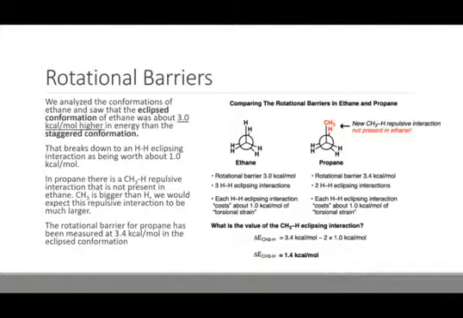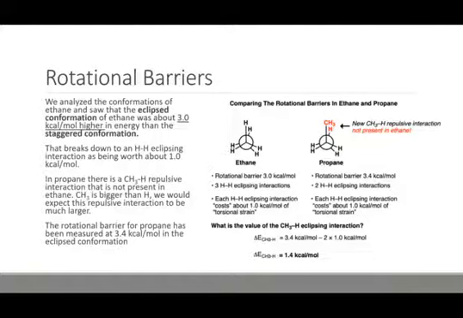When we analyzed the conformations of ethane, we saw that the eclipsed conformation was about 3 kilocals per mole higher in energy than the staggered conformation. Remember, that was for ethane, that was just with simple hydrogens, but we saw that when those hydrogens were lined up, it was a higher energy molecule, it was a less stable molecule than when they are staggered.